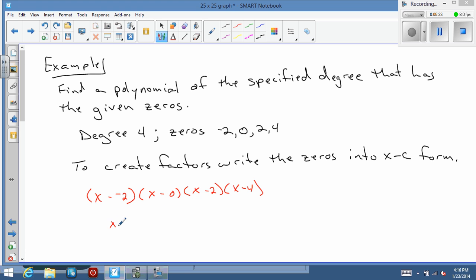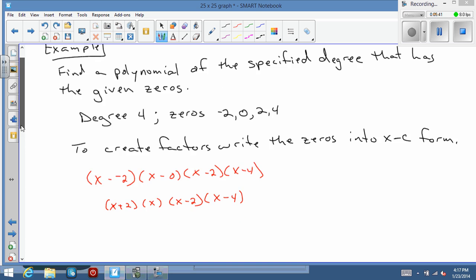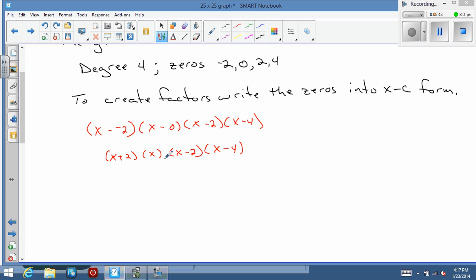So when I rewrite these, clean this up a little bit, I get x plus 2, x, x minus 2, and x minus 4. Now, in all reality, I can just multiply from left to right, and I will end up with my polynomial.